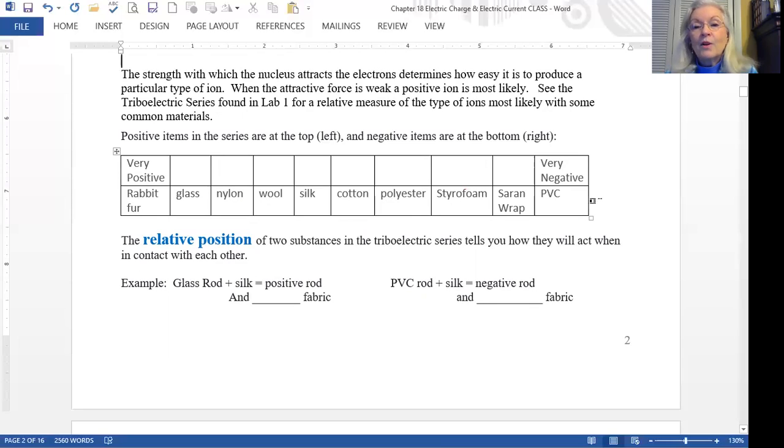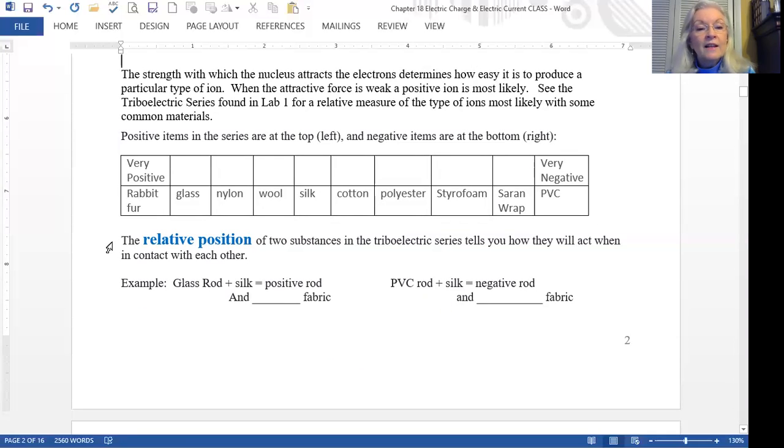PVC pipe is very negative on our series, and what that means is it hangs on to electrons, and in fact it'll hang on to its own electrons and even grab a few extras along the way. And you can see the ones in the middle are kind of neutral. So the closer it is to the positive end, the more likely it is to form a positive ion. The closer it is to the negative end, the more likely it is to form a negative ion.